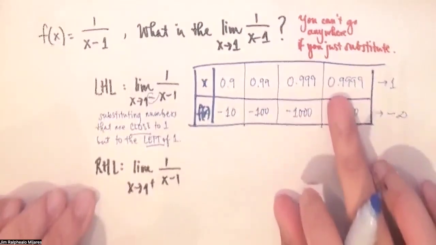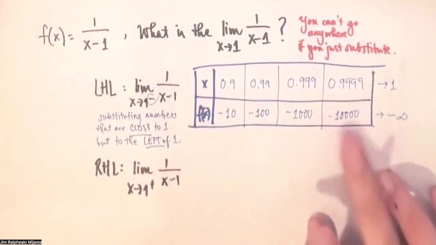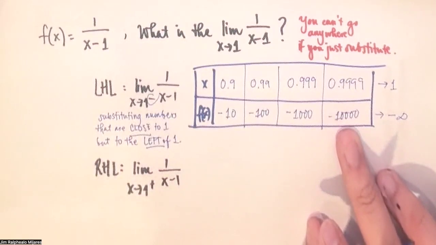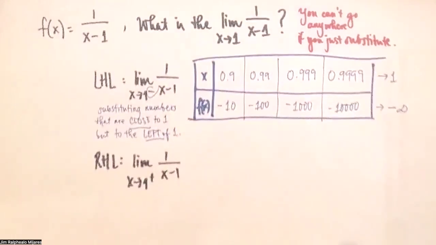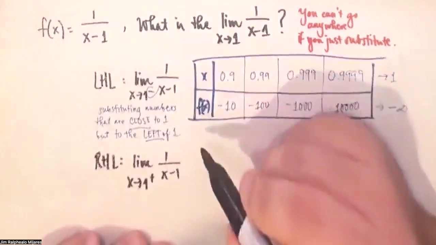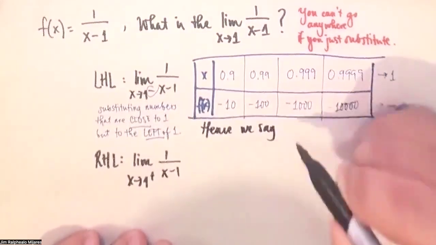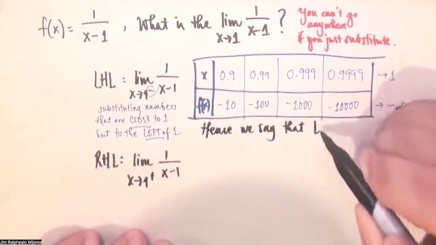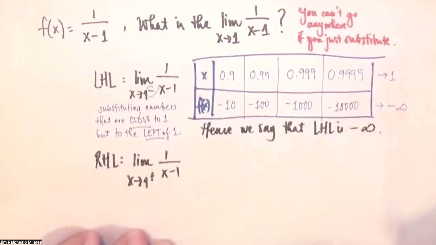If we increase the number of 9s, hence becoming closer to 1, we see that this function value becomes larger and larger to the negative side. Hence, we say that the left-hand limit is negative infinity.